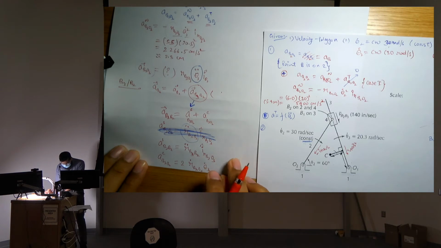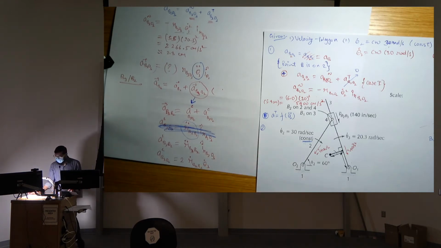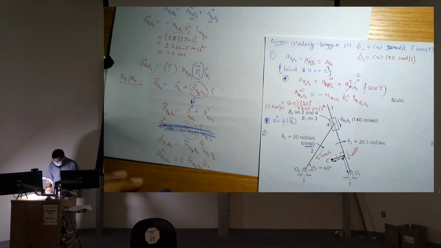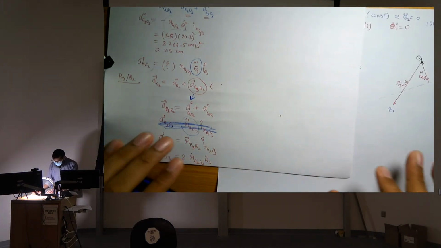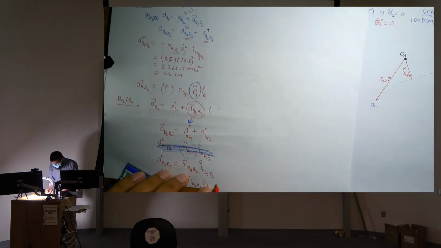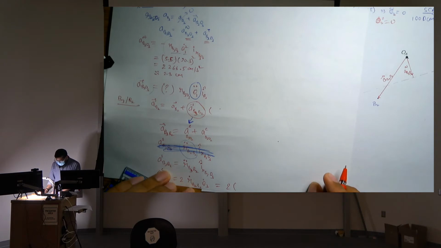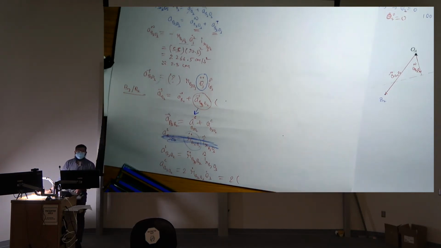I think this makes sense. The last formula. Now if we put the magnitude in here, what is R dot B3B2? R dot B3B2 is the linear velocity between these 2 points.